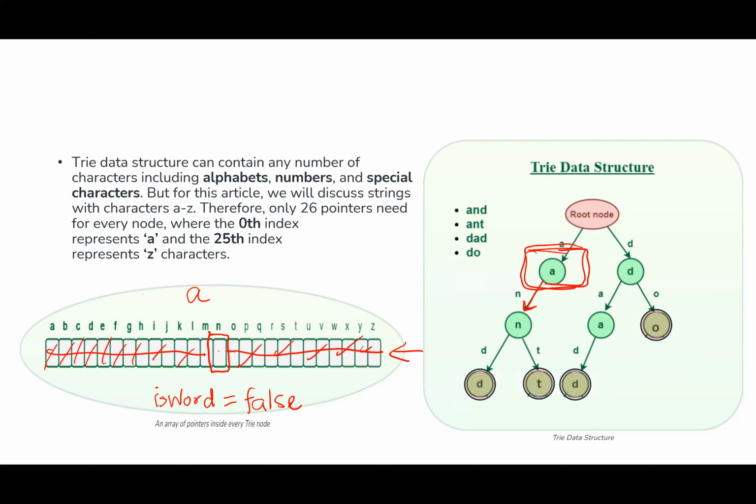So what does it mean? It means that there is another node, right? Another trie node with N, and this one is linked to this. And this trie node will also have a list of 26 children, and also it will have the isWord flag.